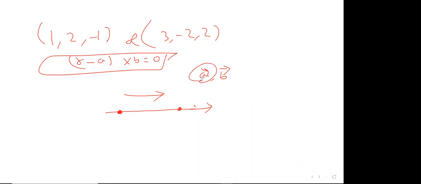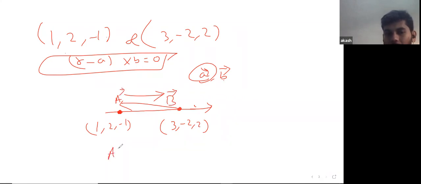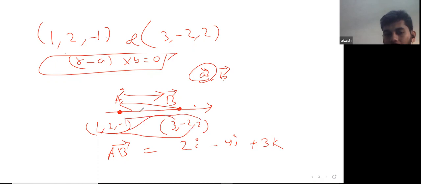So we already have A. They have given you two points, so you can take any point as A, no issue. How to find B? You can subtract one from the other. Suppose this is A, this is B. Then AB you can find like this: 3 minus 1, 2i minus 4j plus 3k. This minus this, this minus this.